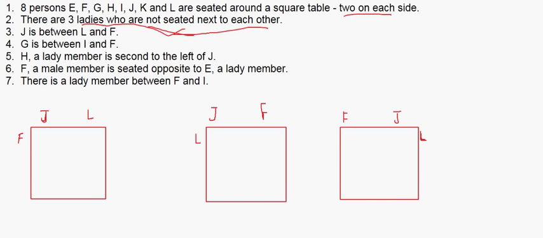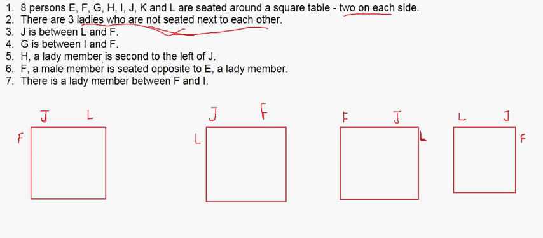This is another possibility, and then there is a 4th possibility as well, which is J, F here and L here, right? So this is the 4 possibilities which we would get from statement 1, right?